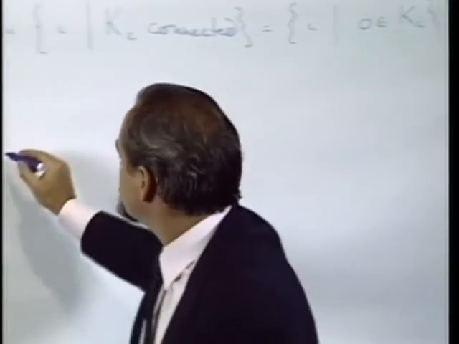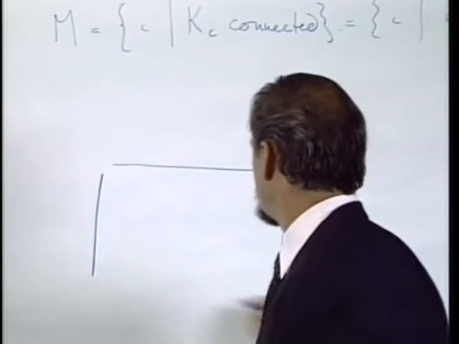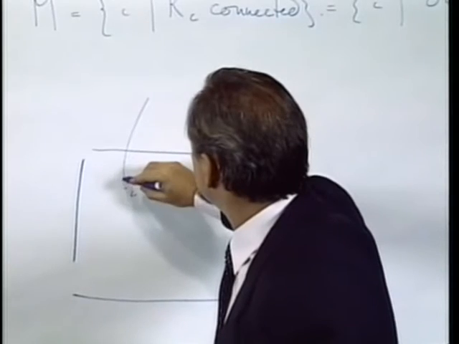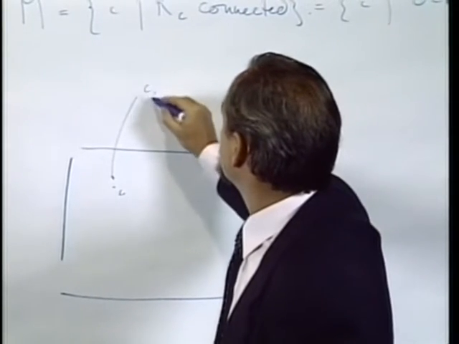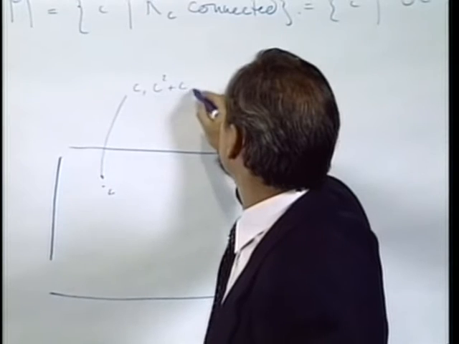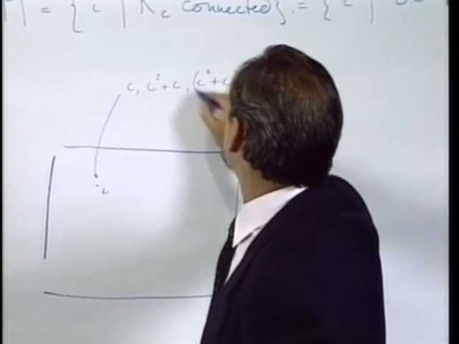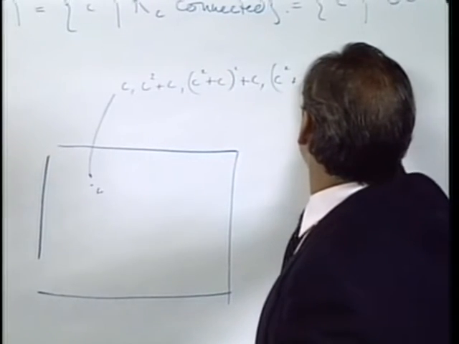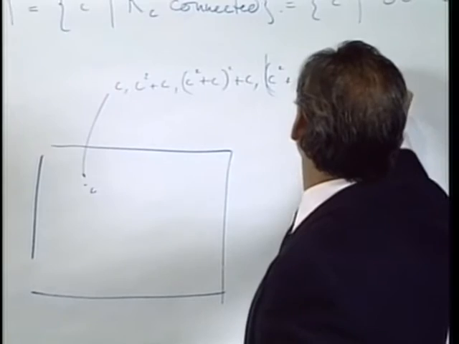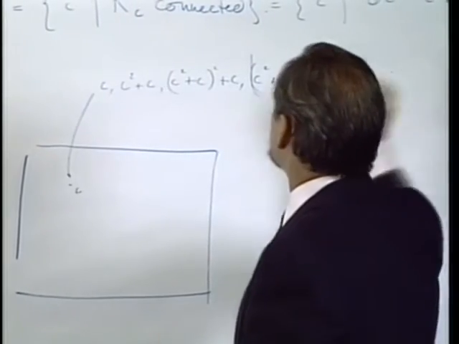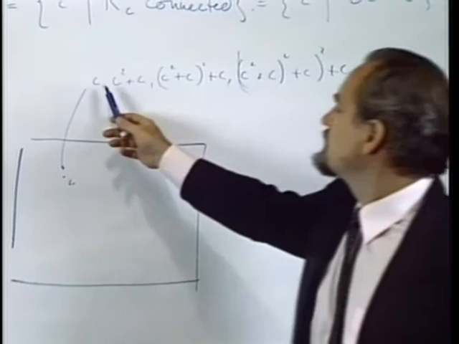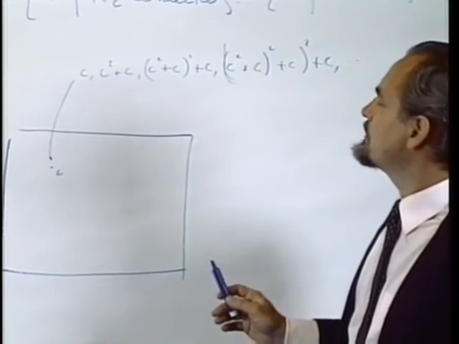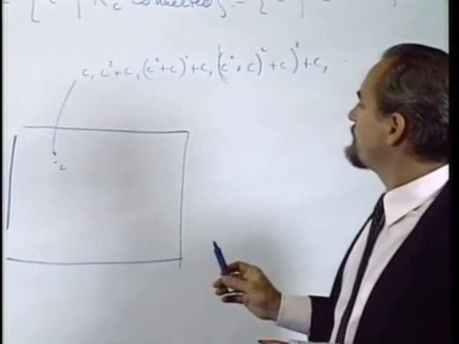You take a point c someplace in the plane, and you consider, for this point c, the sequence c, c squared plus c, (c squared plus c) squared plus c, ((c squared plus c) squared plus c) squared plus c, and so forth. If this sequence is unbounded, you are not in M, and if this sequence is bounded, you are in M.